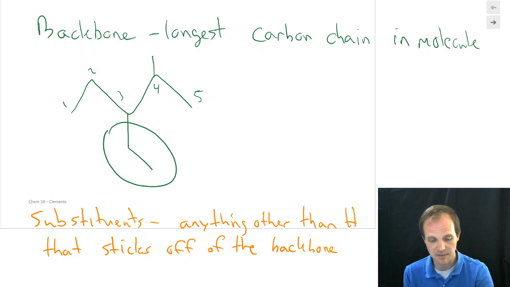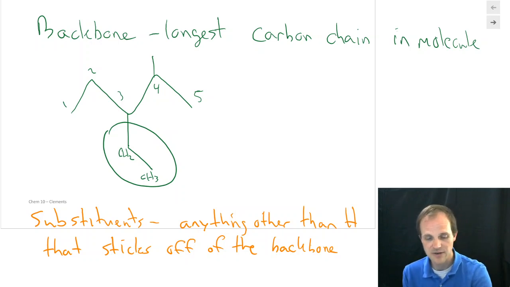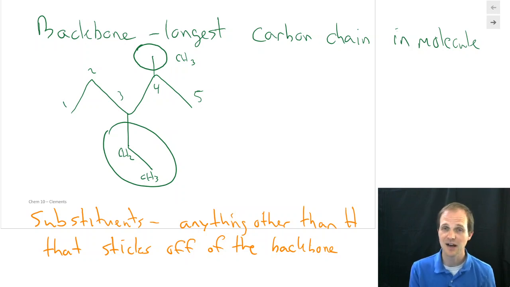In fact, it's made up of 2 carbon atoms, right? And this one's actually a CH3, and this one's a CH2. And so we've got CH2, CH3 sticking off of our backbone, and that's what we call a substituent. We have another substituent here that's a CH3 group sticking off of carbon number 4. And so those are the 2 substituents in this molecule that has a backbone of pentane.